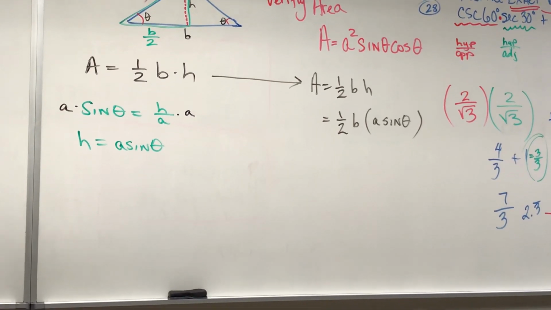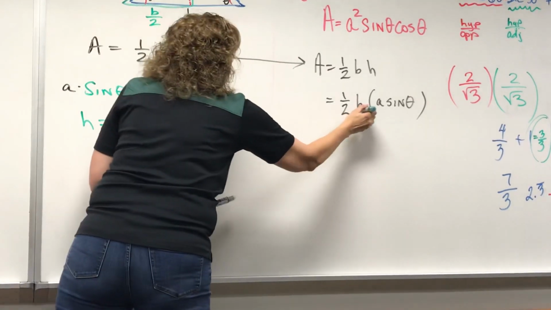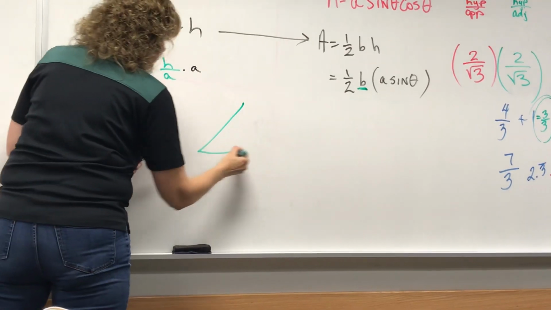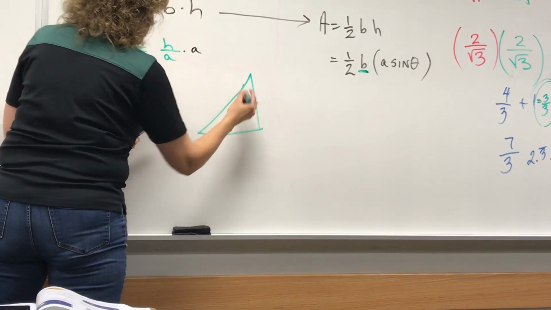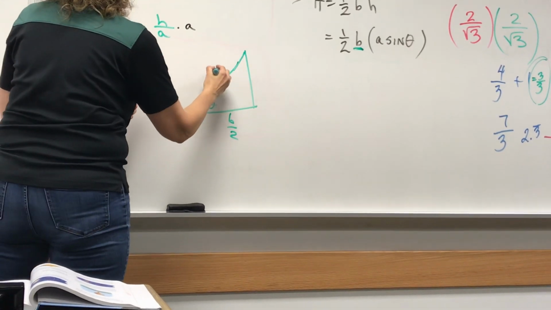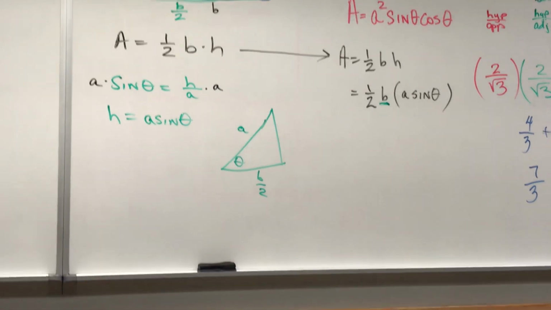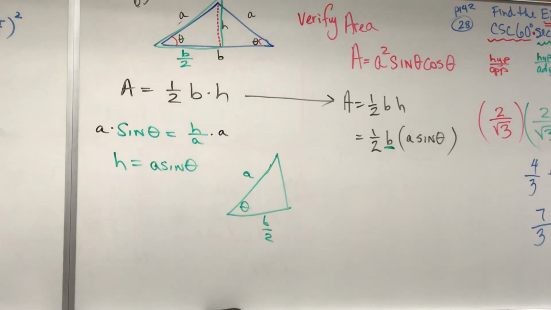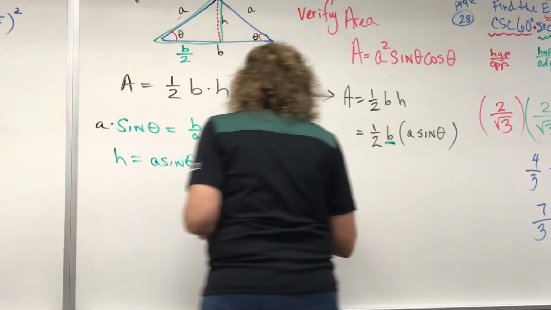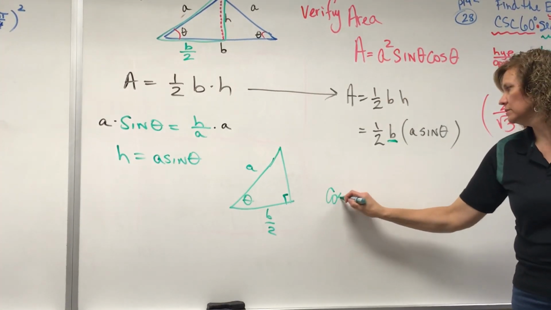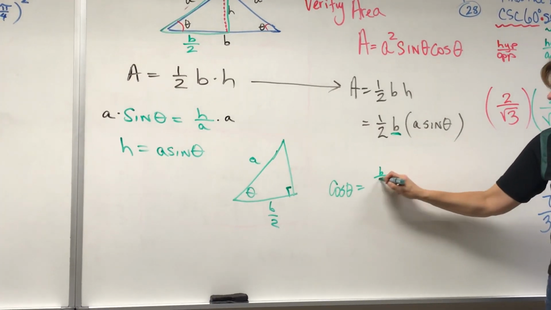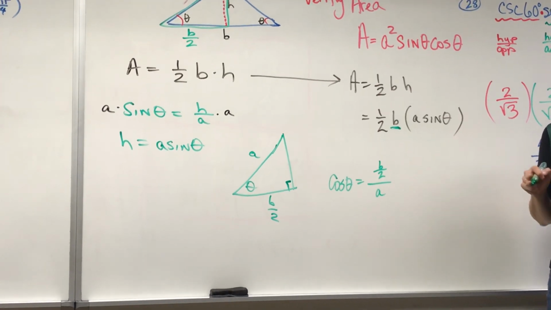Now we want to replace b, so we got a lot of stuff going on in that picture. We're going to focus on theta, we're going to focus on b over 2, and we're going to focus on a. And I need a trig function. We have to introduce cosine, and conveniently cosine is right there. So we're going to write the cosine of theta is adjacent over hypotenuse, b over 2 over a.